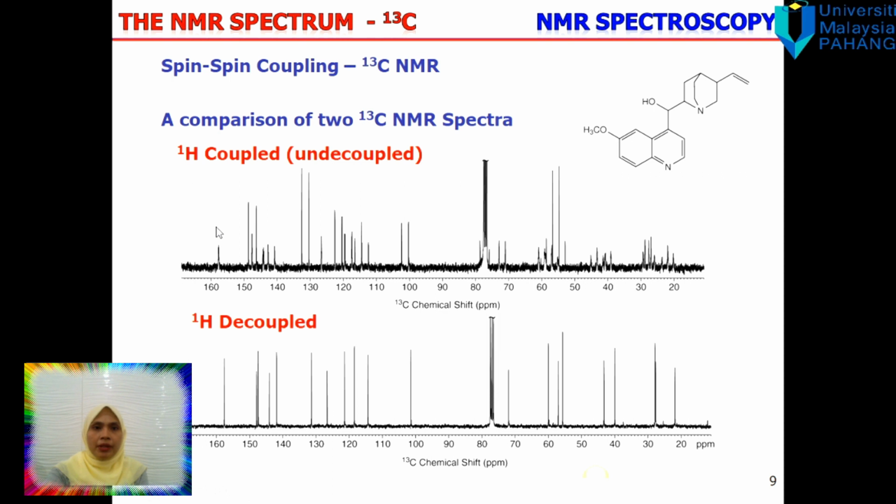This is the example for the coupled experiment, and this is the decoupled experiment. Decoupled means there is no splitting pattern for each carbon, and each peak is for only one carbon. And this one is coupled, meaning it is affected by the splitting of the protons around that carbon.